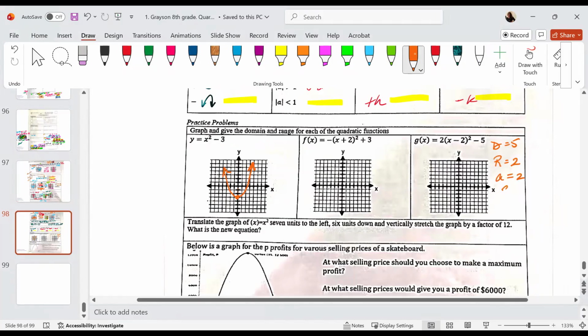A is equal to 2, so a is greater than 1, which means it is compressed or skinny. Does that make sense? So down 1, 2, 3, 4, 5, right 1, 2, and then it's facing upward because it's a positive a, correct?